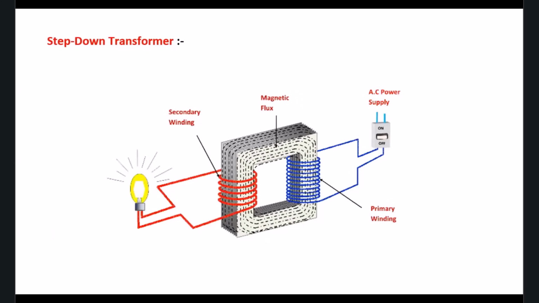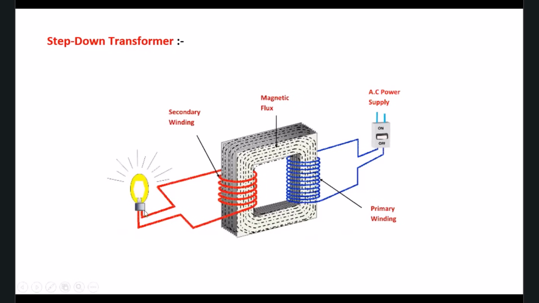And to make the step down transformer, the basic requirement, using the diagram you may understand, is that at the primary side the number of windings is more as compared to the secondary side.